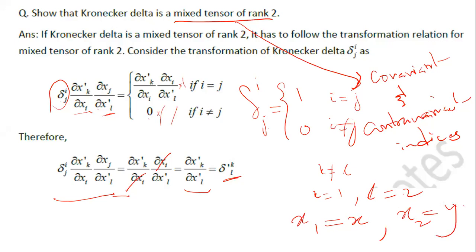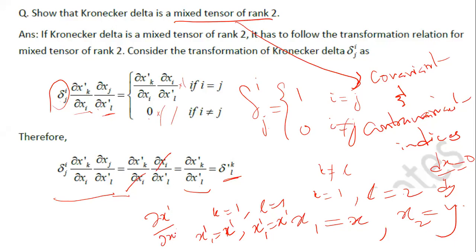So x and y are different coordinate variables. We know that del x upon del y is 0, isn't it? So if k is 1 and l is 1, then x1 prime will be x prime, so it will be del x prime over del x prime, which is 1. So this partial derivative is your Kronecker delta in such a prime coordinate system.